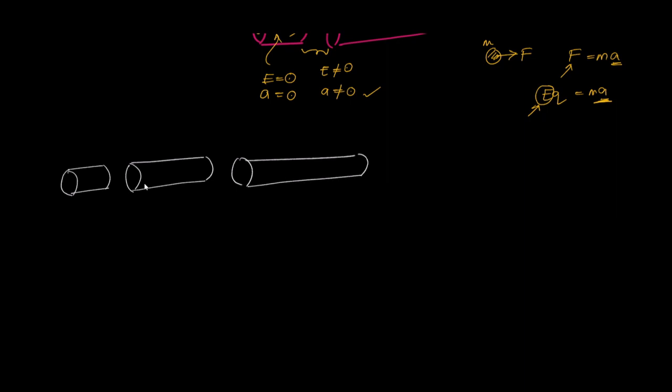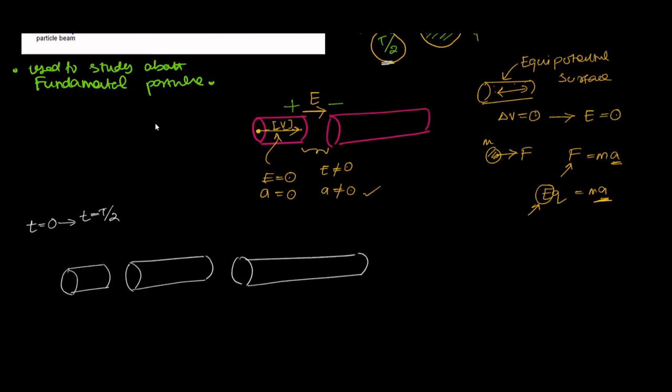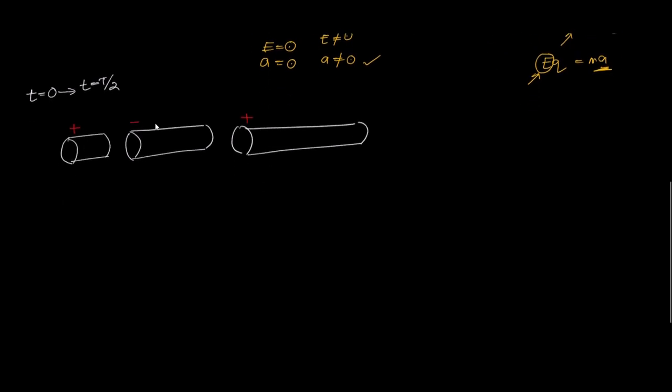From time t equals 0 to t equals T by 2, the first tube is at a positive potential, the second is at negative, and the third again is at positive. If I mark the electric field, here it is in this direction, and between these two tubes we have the electric field in the opposite direction.